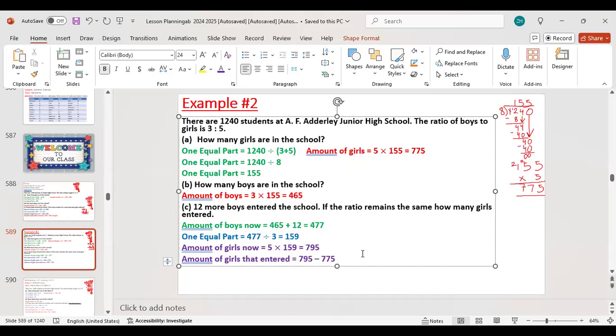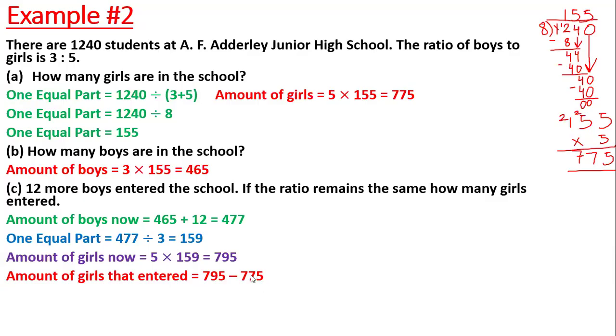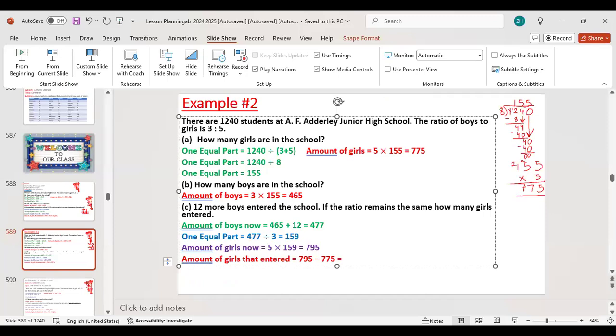The reason why we use 795 and 775 is because 795 is the amount that we have now, and 775 is the one that we had previously. So to figure out how many new girls came, you have to subtract them. 795 minus 775 is 20 girls.